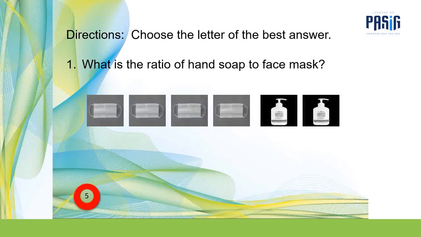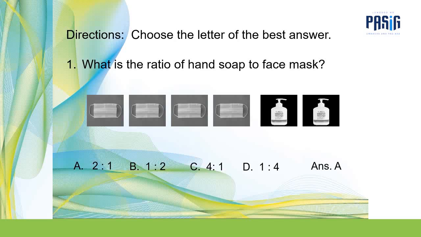What is the ratio of hand soap to face mask? A. 2:1. B. 1:2. C. 4:1. D. 1:4. Write your answer now. Time is up. The correct answer is letter A.